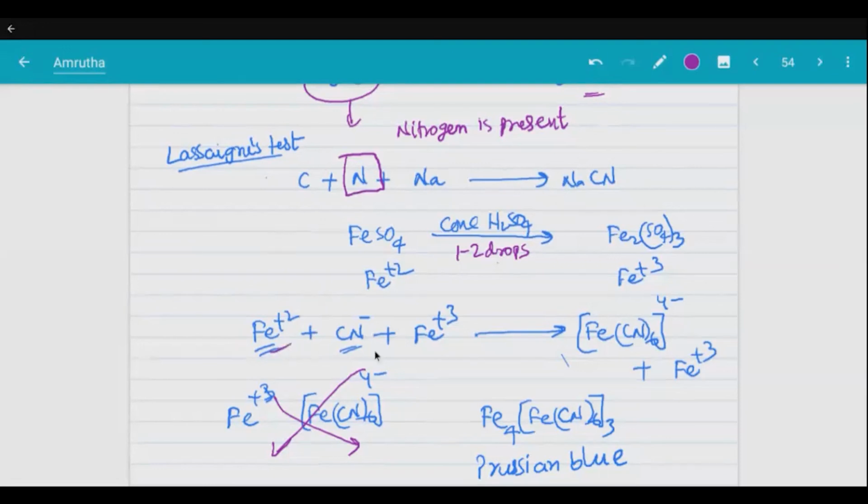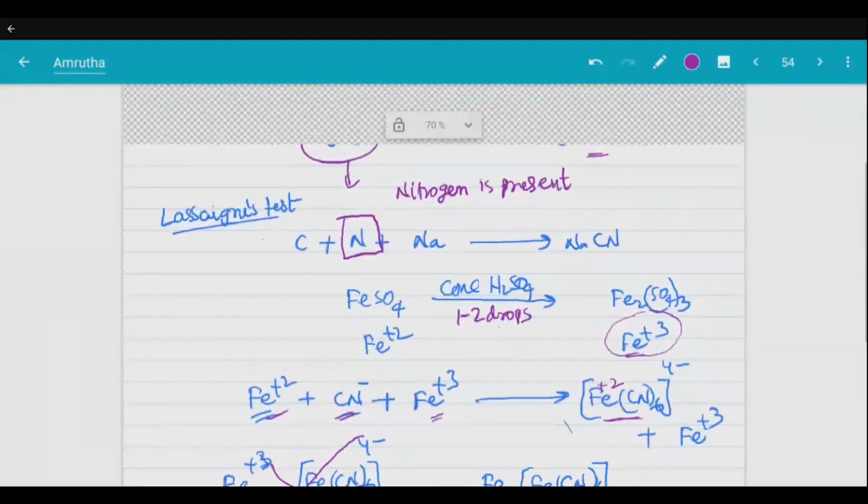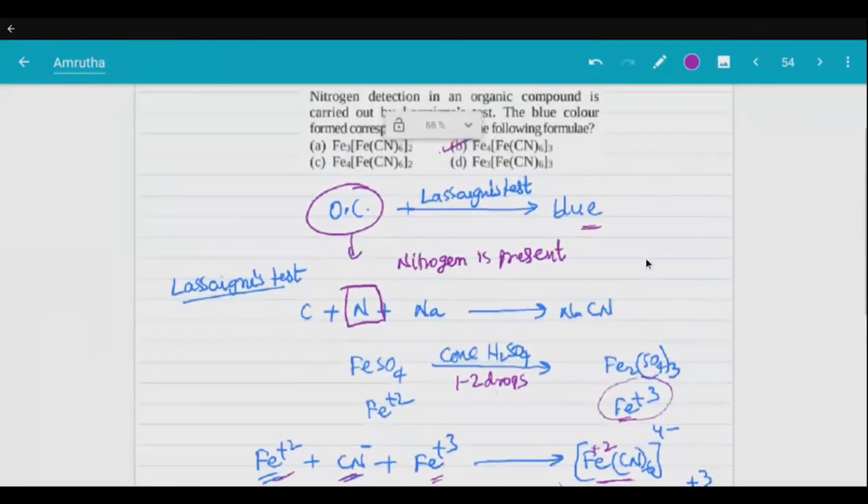Iron plus 2 is present with CN minus and forms Fe(CN)6 4 minus, a complex with iron in plus 2 oxidation state, and this combines with iron plus 3, which was formed with concentrated H2SO4. This gives an intense blue color solution that confirms nitrogen.